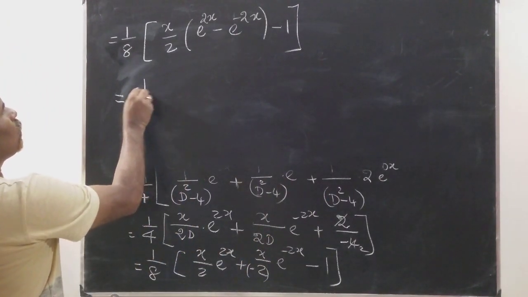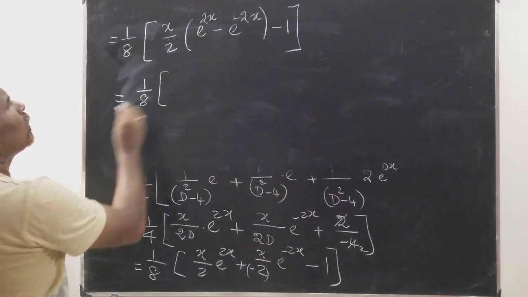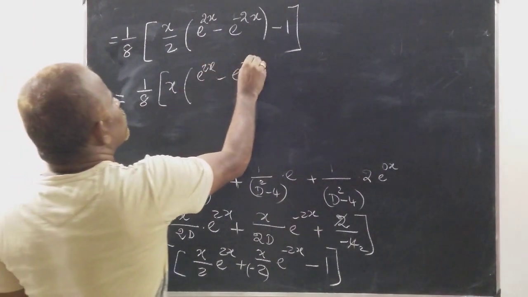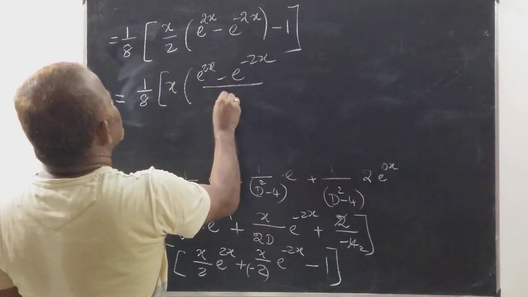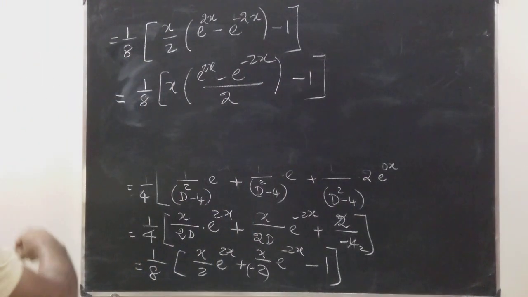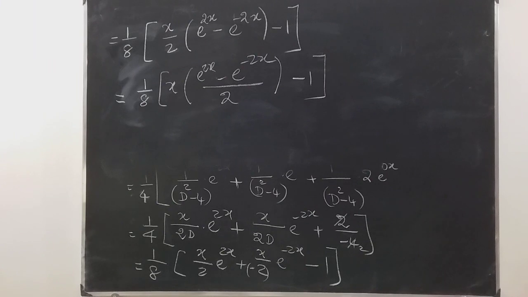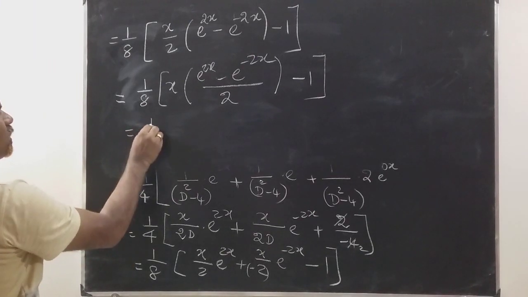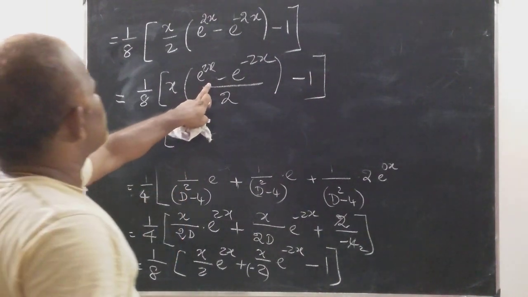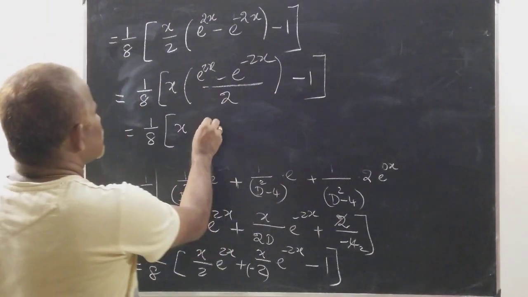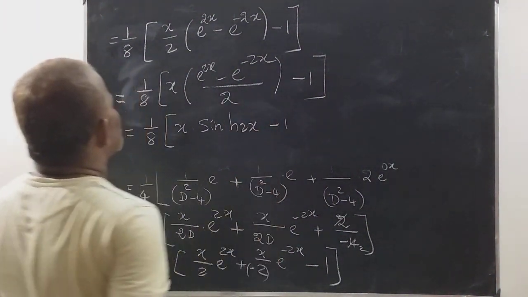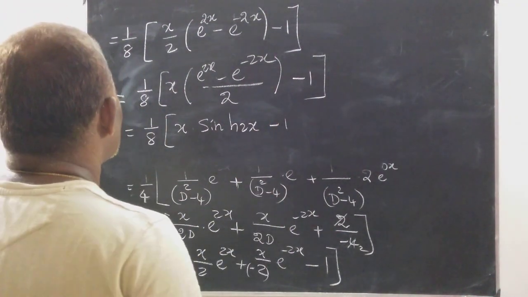So therefore 1 by 8 into x into (e^(2x) minus e^(-2x)) divided by 2 minus 1 divided by 2 into minus 1. So this can be written as 1 by 8 into x into sinh 2x minus 1.